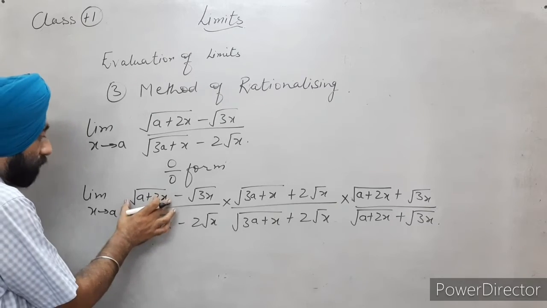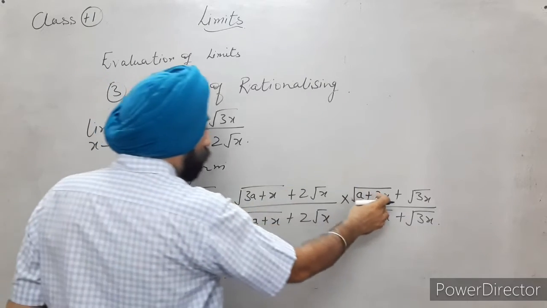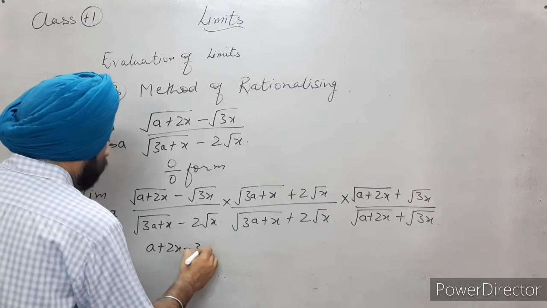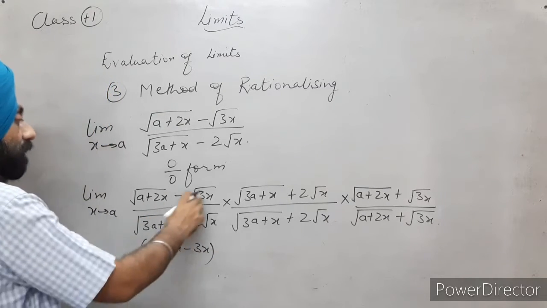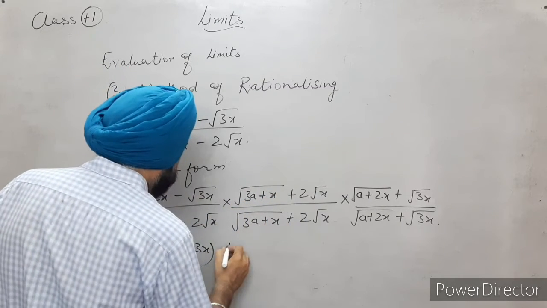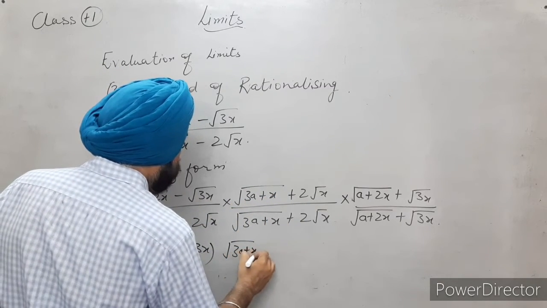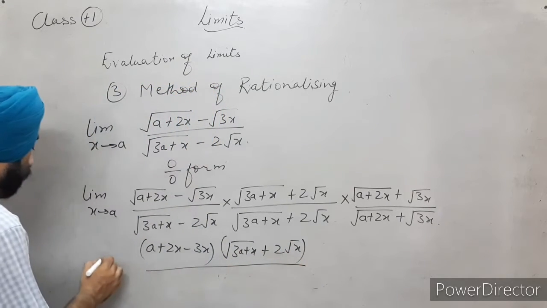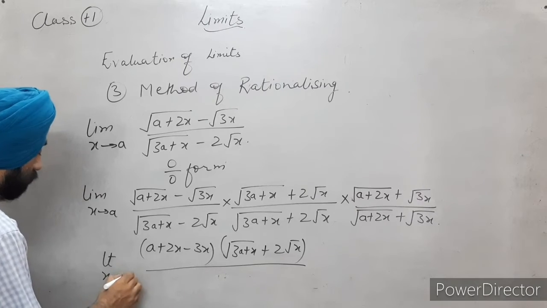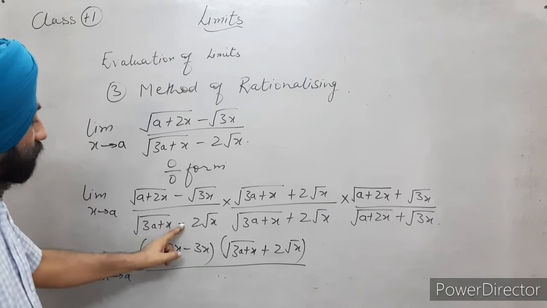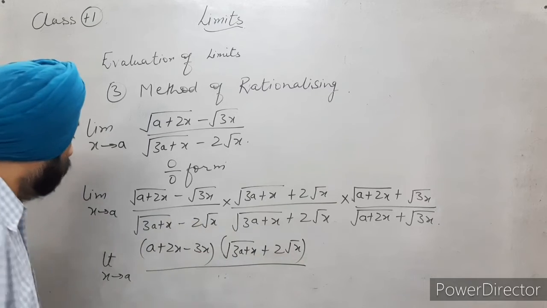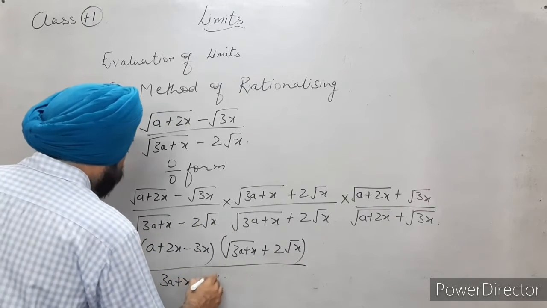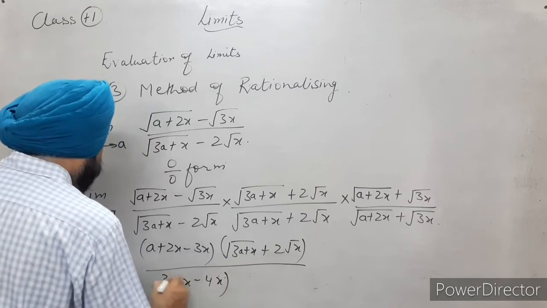Now a minus b into a plus b becomes a square minus b square. Write this as such: under root 3a plus x plus 2 under root x. Right? Now, limit as x approaches a, nothing happens to this. Now a minus b, a plus b. This becomes a squared, the under root goes, minus 4x.